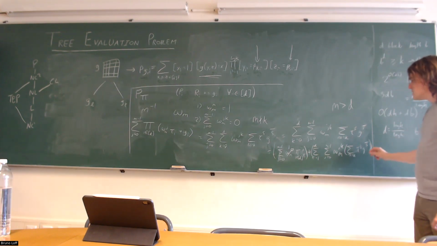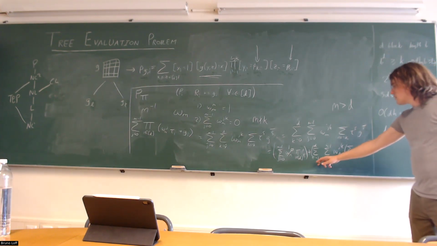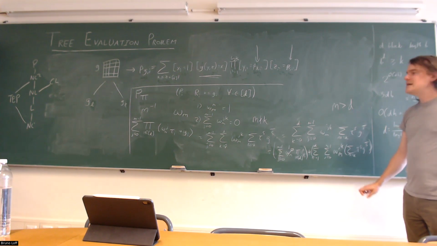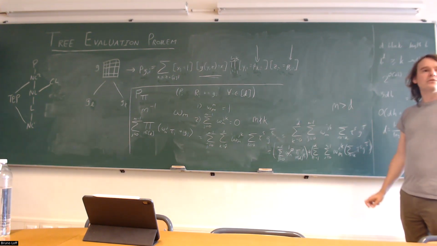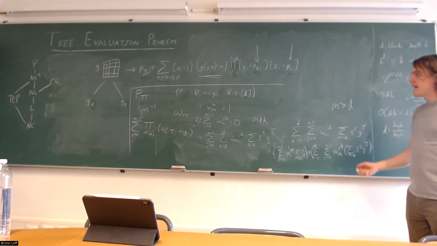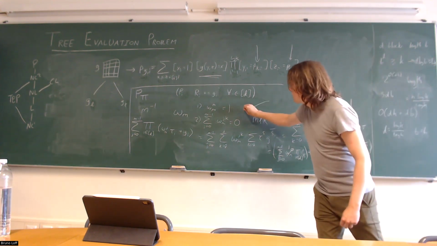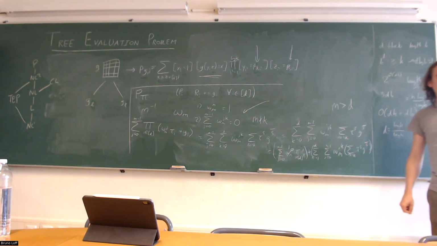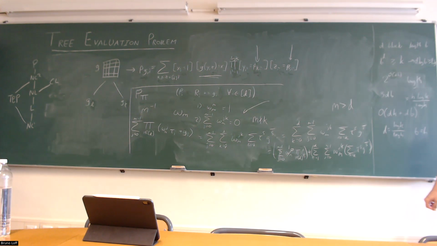And for all of these, k is going to be between 1 and d, and I'm going to pick m to be strictly greater than d. And when that happens, I'm going to appeal to number 2. Again, because that factor that has the sum over all s's actually doesn't depend on j, you can just group.